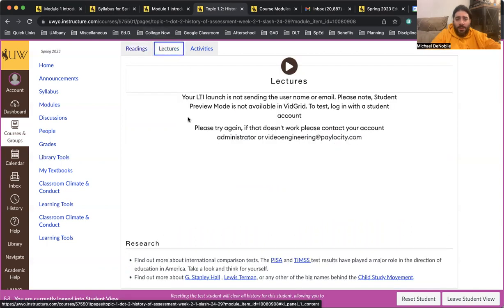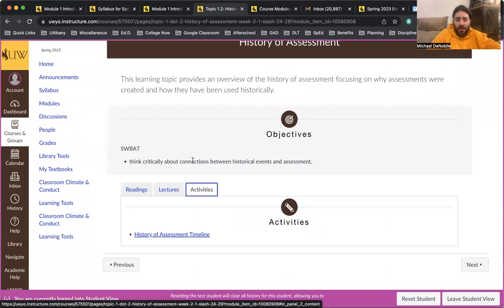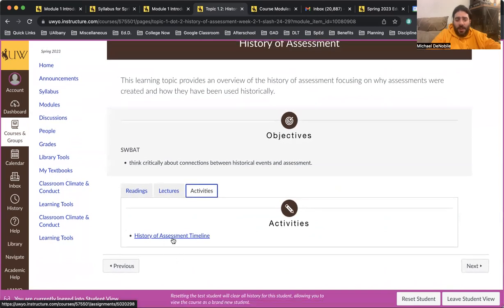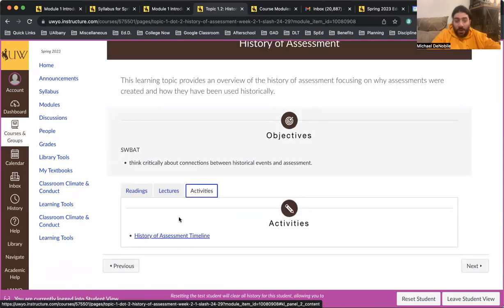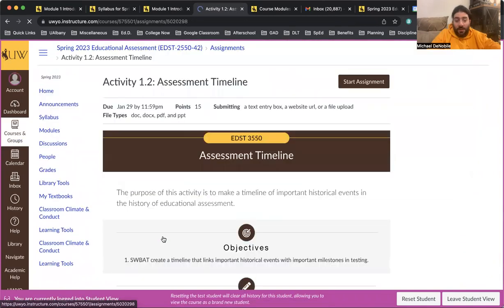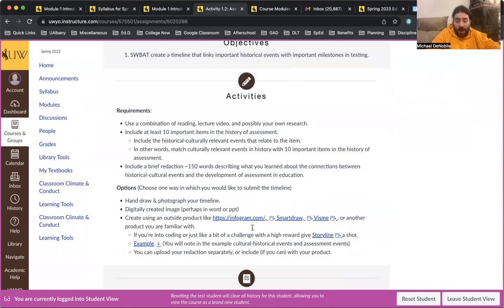Again, you're going to see the lectures here, and then your activity is going to be the history of assessment timeline, which will be based off of the lecture portion. So what I would be sure of is, when you're doing this particular assignment, I would read the assignment before you do the lecture.